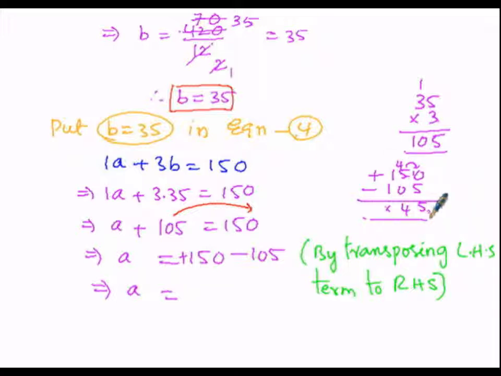So here 45, but to assess the sign, we have to see the greater one among these two, 150 and 105. 150 is greater than 105. 150 is positive, so it assesses the sign as positive. So I got the a value as 45. So b is 35 and a is 45.